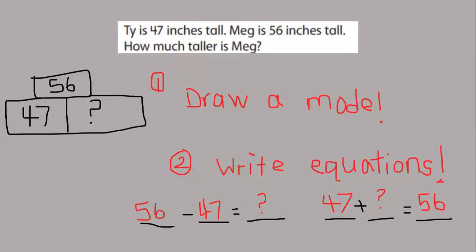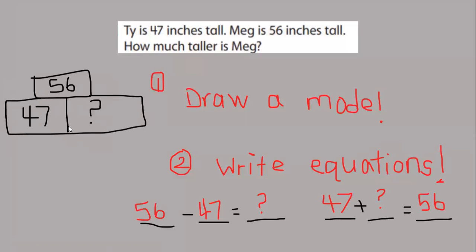So for this particular problem, the model I'm going to use is the bar model. And I know that I'm comparing two numbers, so I know that I'm looking for the difference between those two numbers. So when I set up my bar model, I really need to be thinking about what part whole means. So that means that these two bottom numbers, when I add them together in this bar model, they need to equal the top number.